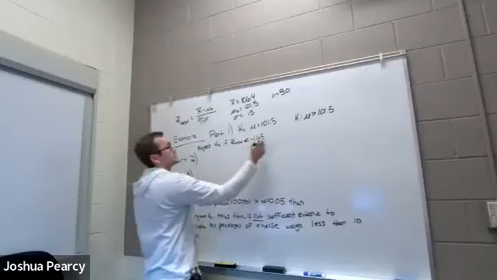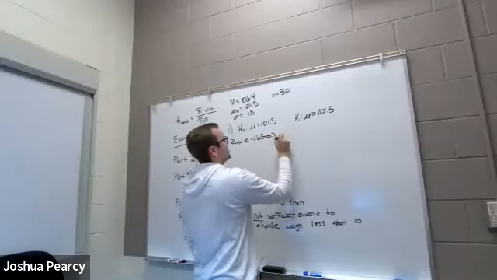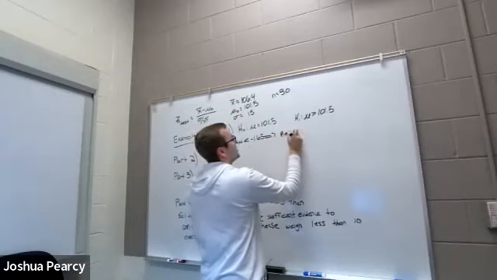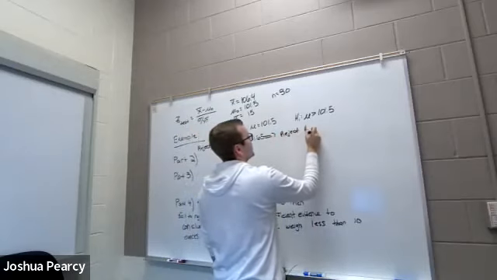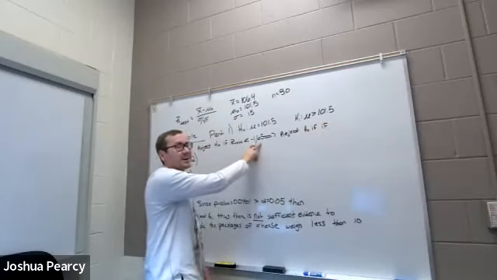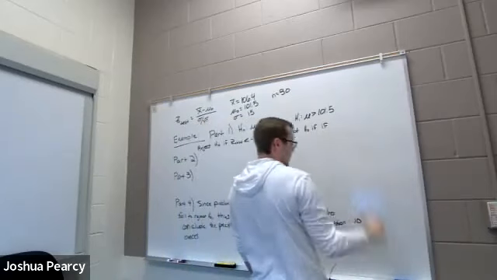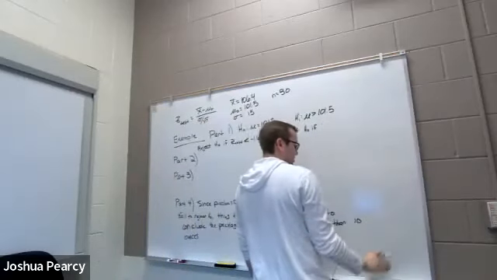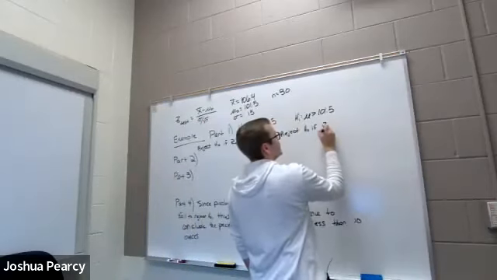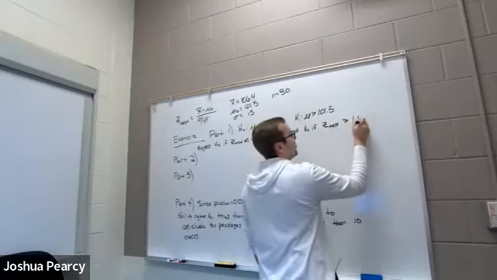So in this case, let's write it this way, reject the null hypothesis if, dividing by a negative flips the sign, right? So why did I put if twice? If z-test is greater than 1.65.